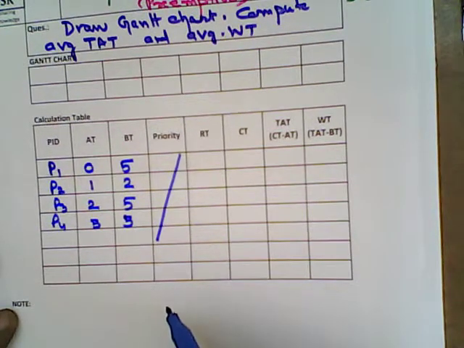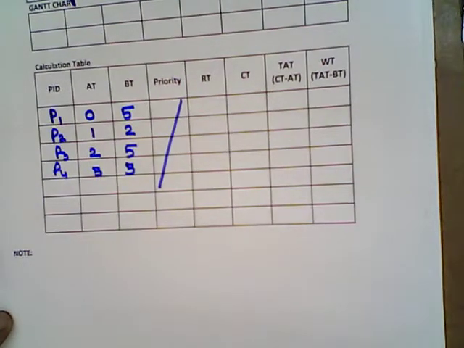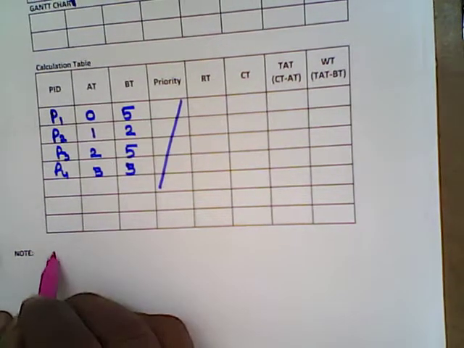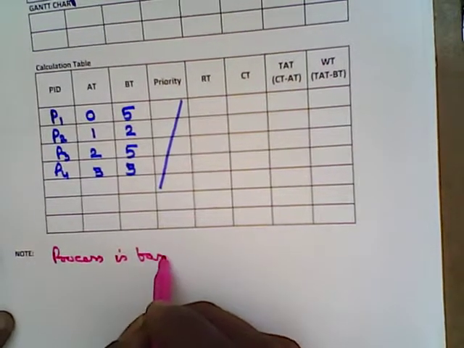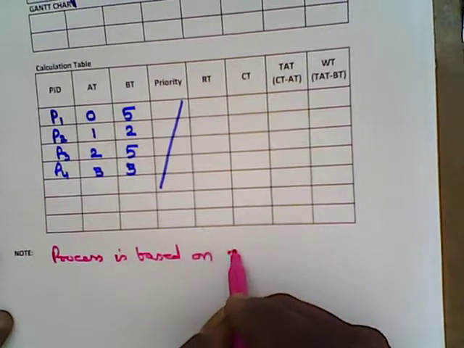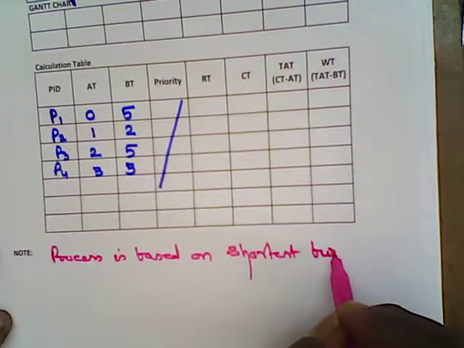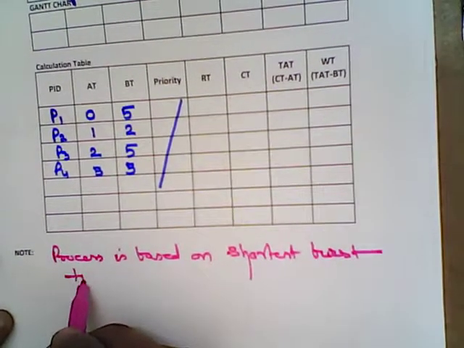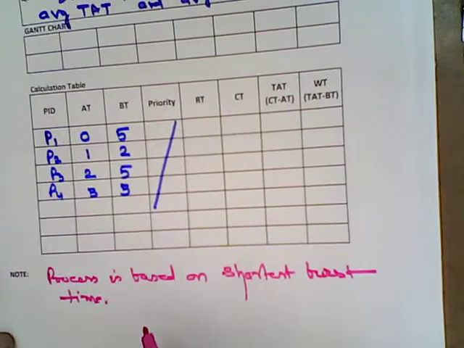The important component in this case is that the process is based on shortest burst time. Now in this case, which process is the shortest?